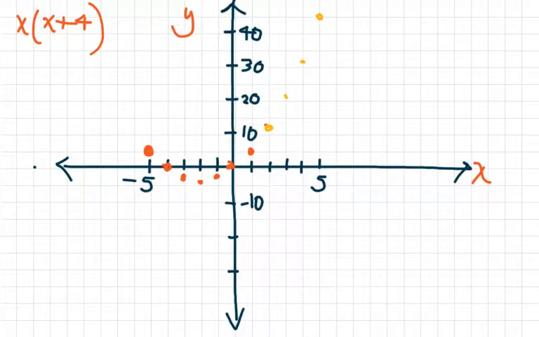I noticed that these values all seem to be the same on the other side. In other words, I noticed from my graph that they were mirrors. And at the bottom is my vertex right there.